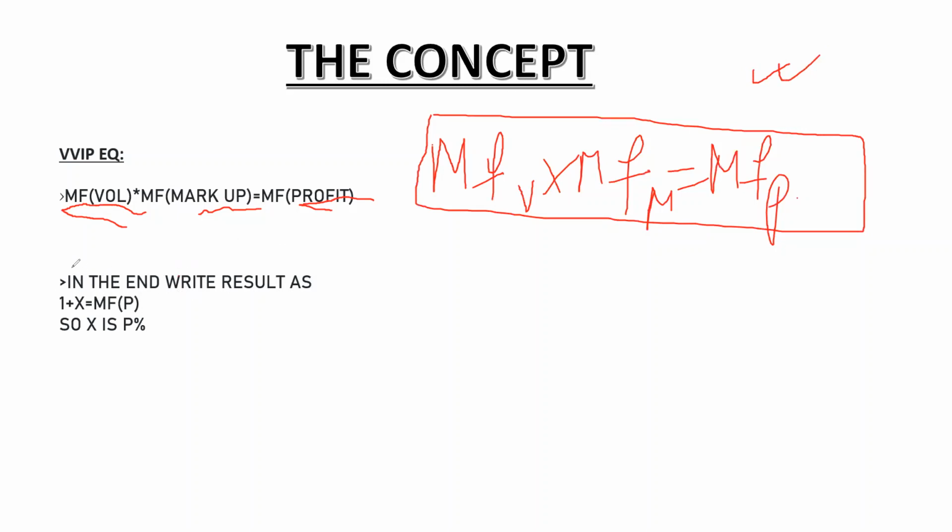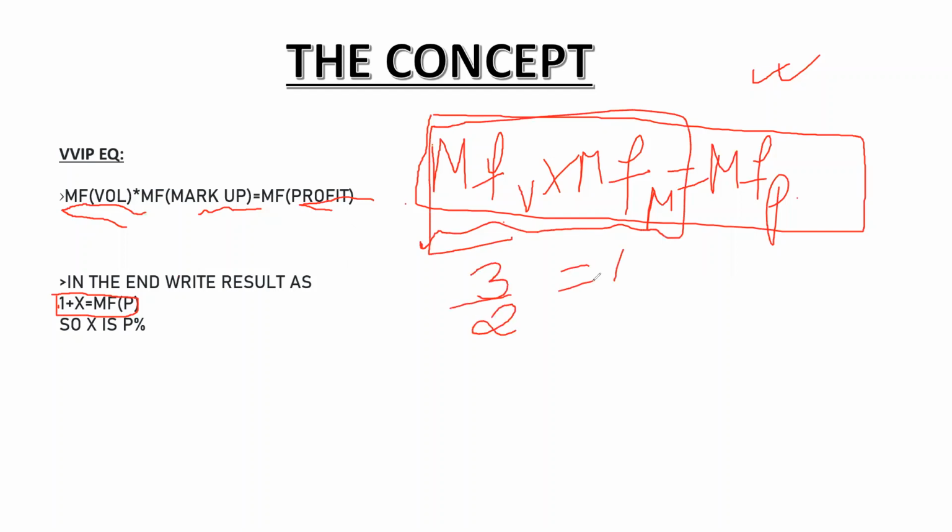One thing you have to keep in mind is that after solving, you have to write the end result in this form to get the profit percentage. Suppose after solving you got the LHS part as 3 by 2 equal to MFP. So 3 by 2 can be written as 1 plus 1 by 2, isn't it?